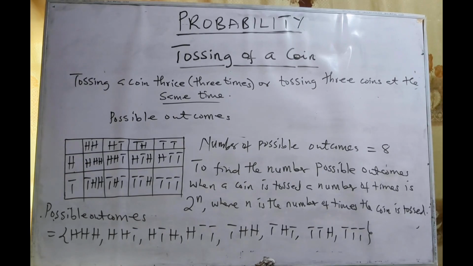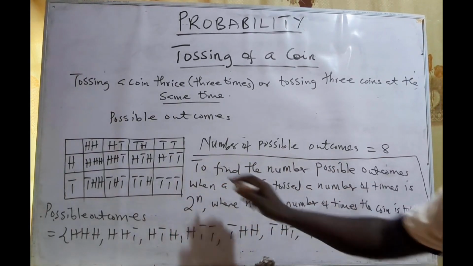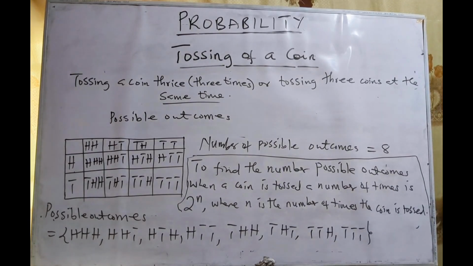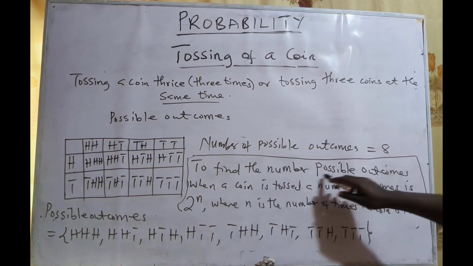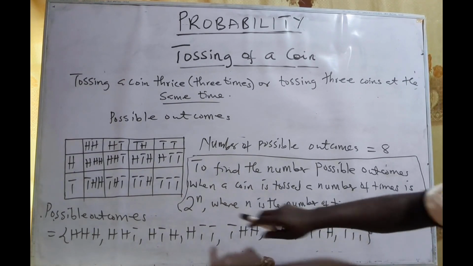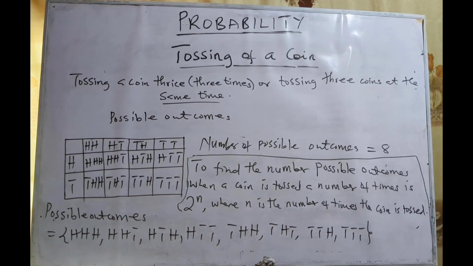So look here and take note of this. What we are saying here is that the number of possible outcomes when a coin is tossed a number of times is 2 exponent n, where n is the number of times the coin is tossed.